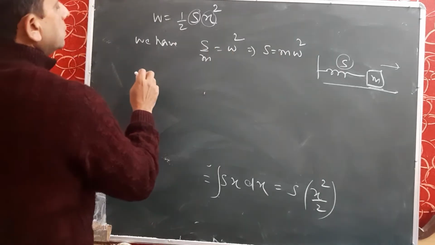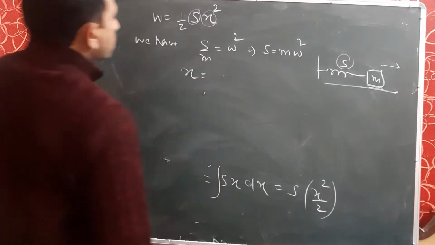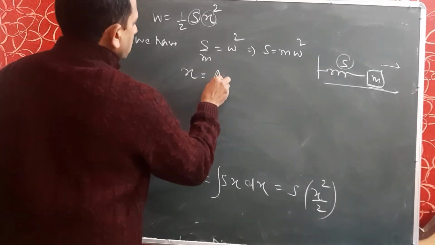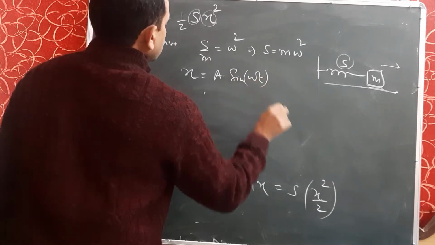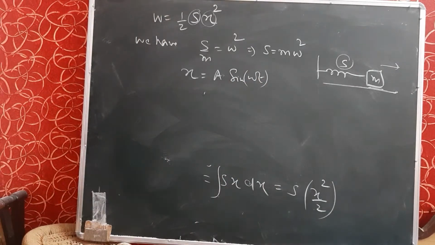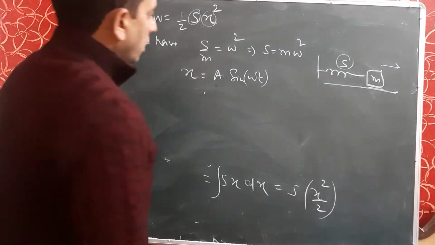Also x is equal to a constant, the amplitude A, into sine omega t, because it is harmonic motion.